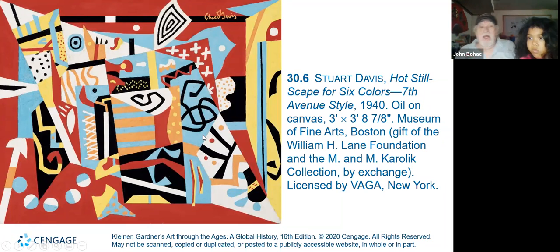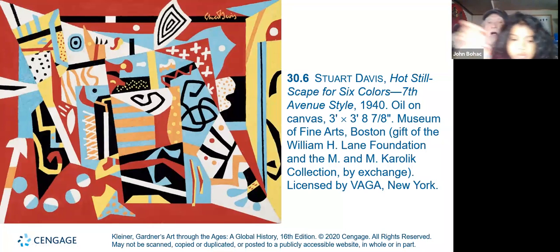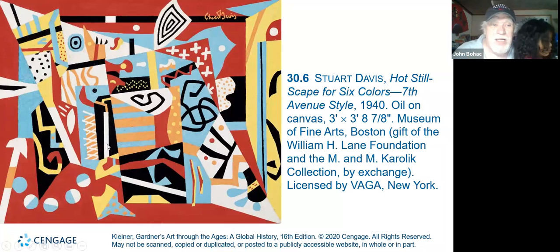Now, he is considered a great American painter, to be sure, but there were still people not quite ready for this kind of abstraction. And a lot of people called this stuff colonial cubism.